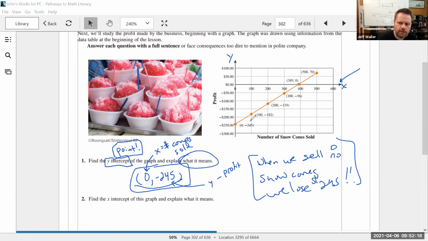So it cost them this much money. So until they pull in this much money, they are losing money. That's how much it costs to set the thing up. Every business starts in the negative because you had to spend money to get it set up. All right, what about the X-intercept? What's the X-intercept?